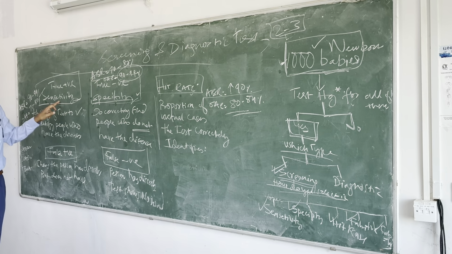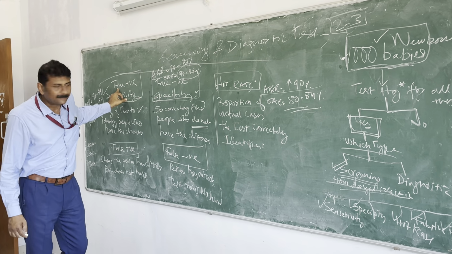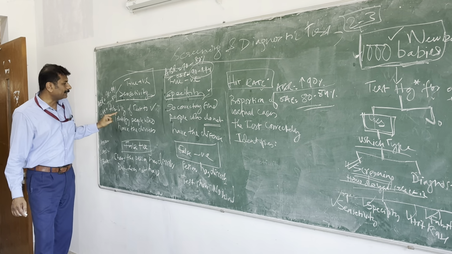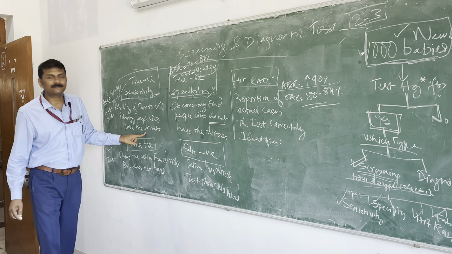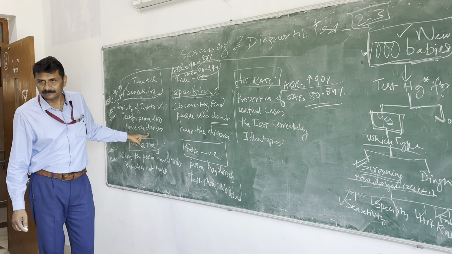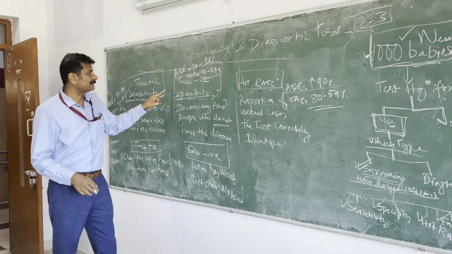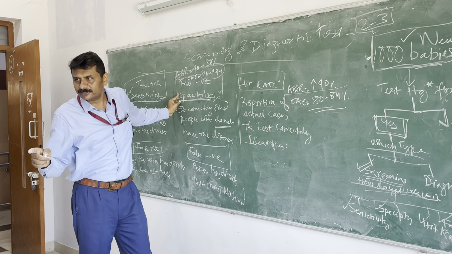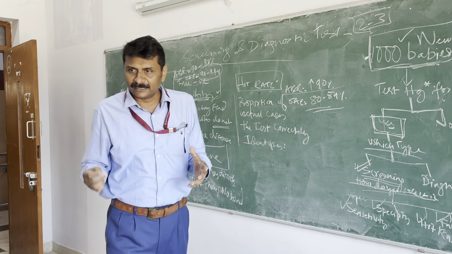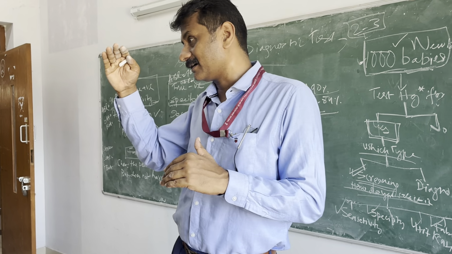the sensitivity of a test, which means the true positive, means the ability of the test to identify people who have the disorder. Sensitivity. How sensitive is the test to identify the disorder? The second is the specificity. We need to worry about it because the condition of hearing loss is not a very common condition, although it's among the highest occurring disorders.